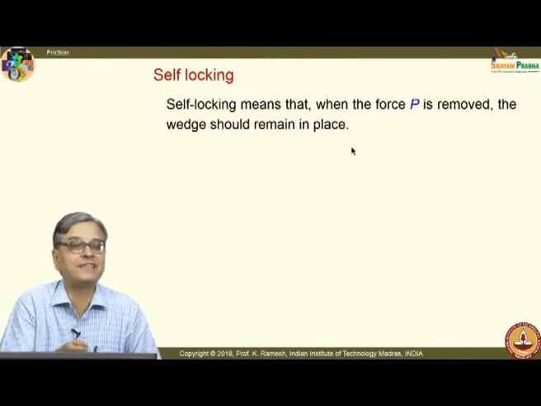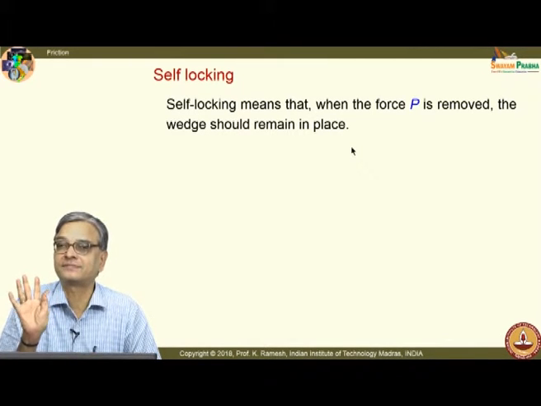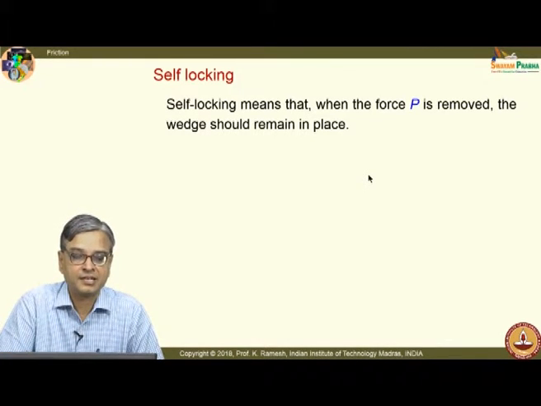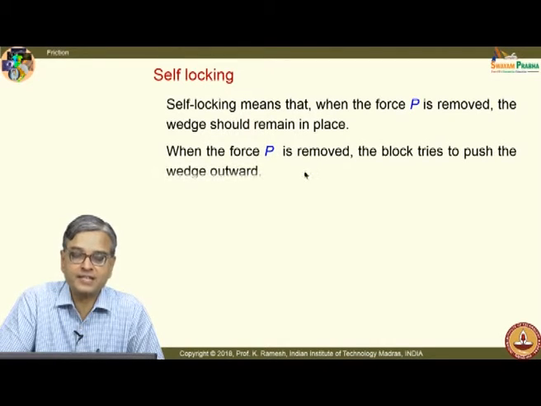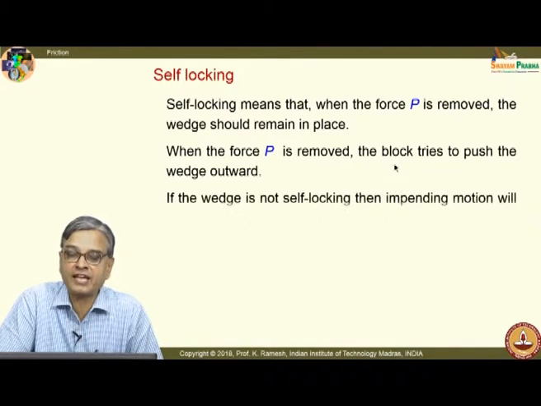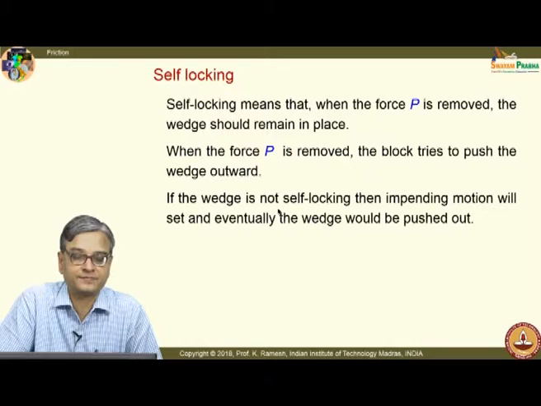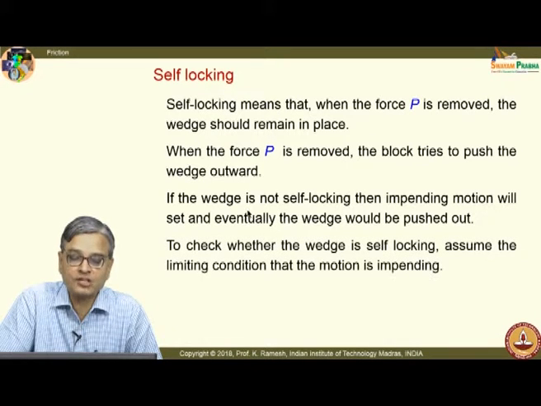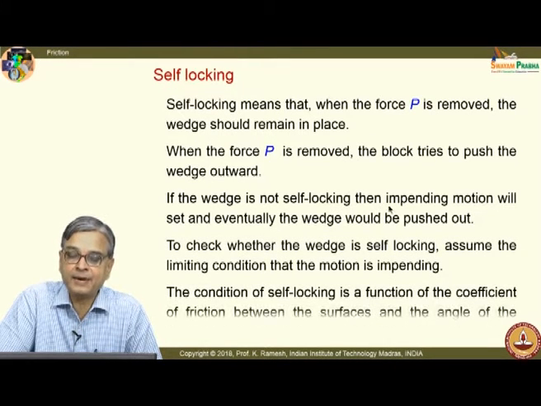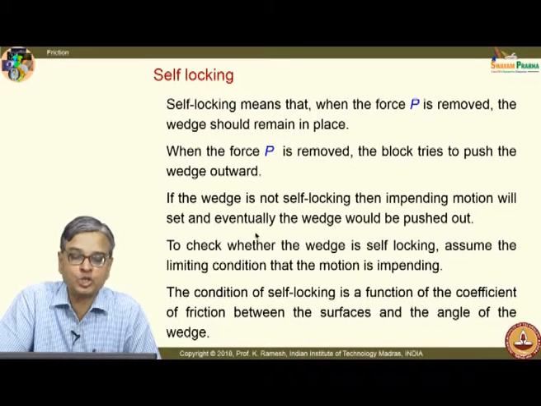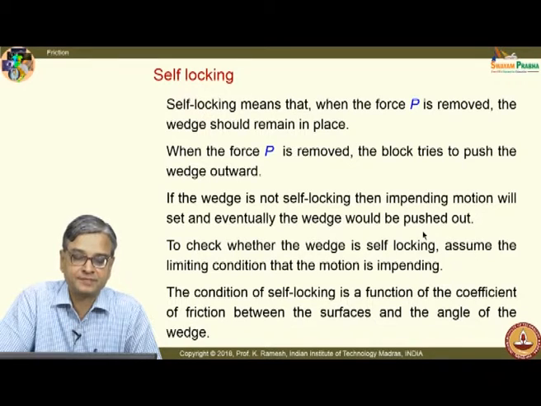I just hit the wedge and leave it at that. When the force P is removed, the block tries to push the wedge outward. If the wedge is not self-locking, then impending motion will set in and eventually the wedge would be pushed out, which is not desirable. To check whether the wedge is self-locking, assume the limiting condition that the motion is impending.